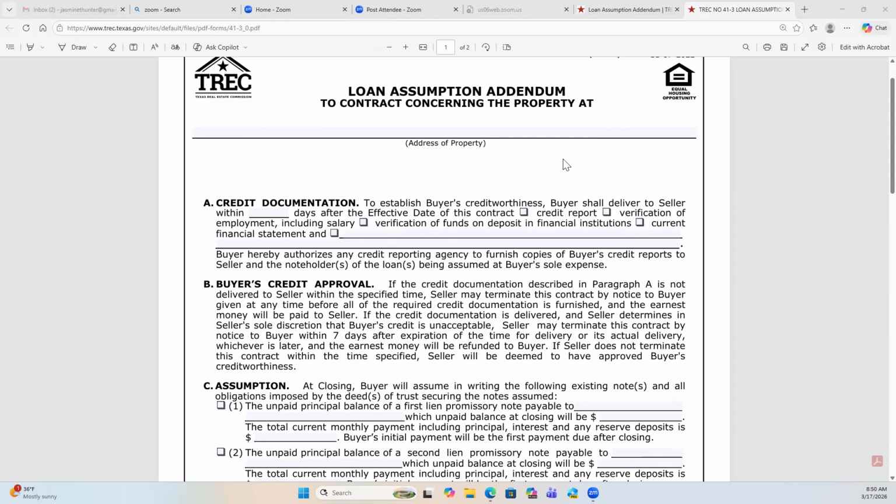Okay. With loan assumption, there is no third party. The seller already has a loan. Okay. So let's just say the loan is with ABC Mortgage for $500,000. The seller already owns this home and they owe the bank $500,000 for 123 Easy Street at ABC Mortgage.